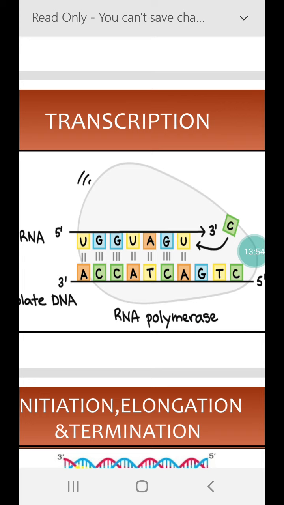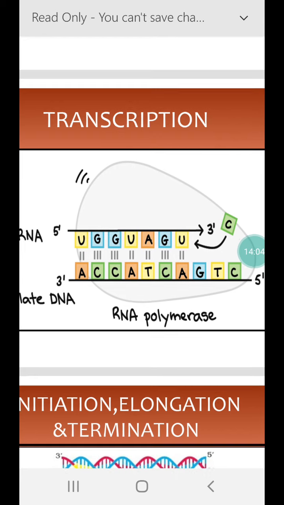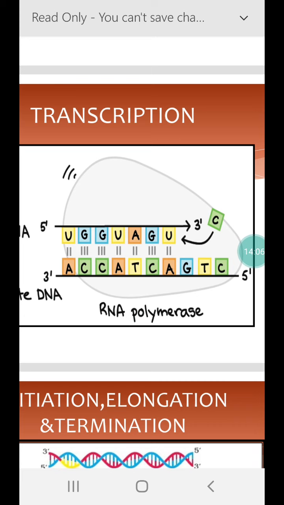The DNA strand which is used for synthesis of RNA is called the template strand, which is oriented in 3' to 5' direction, while the other strand which is not involved in RNA synthesis is called the coding strand, oriented in 5' to 3' direction, the above one in this figure.